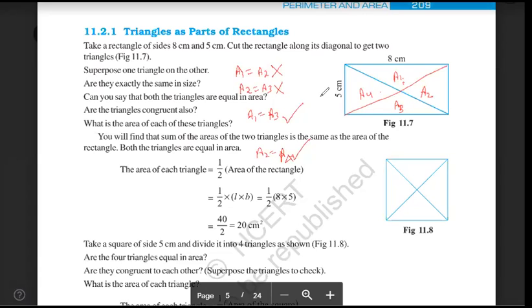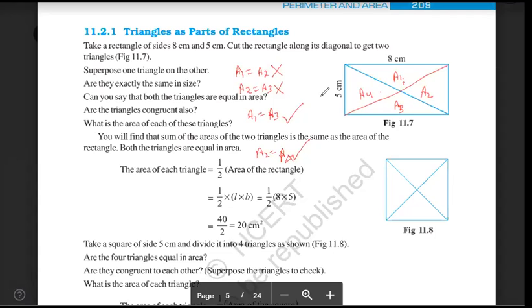A1 is not equal to A2, Tuvishka. It is area. Linear pair and vertically opposite angles are used in angles, not in mensuration.